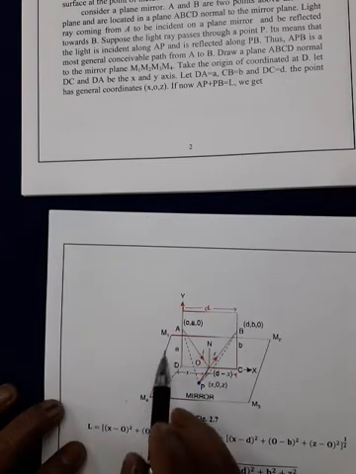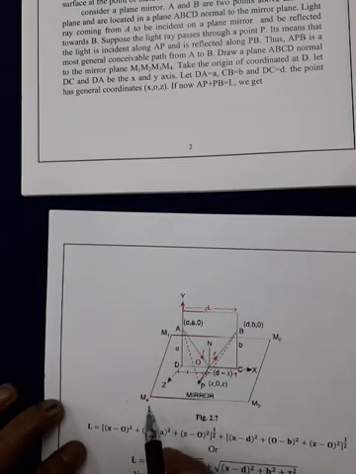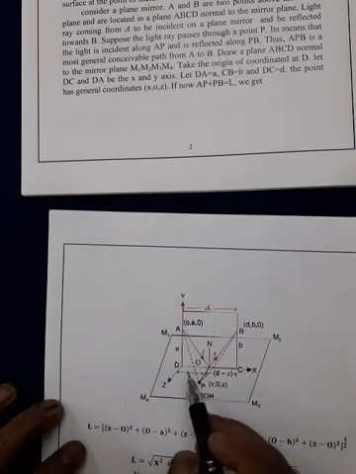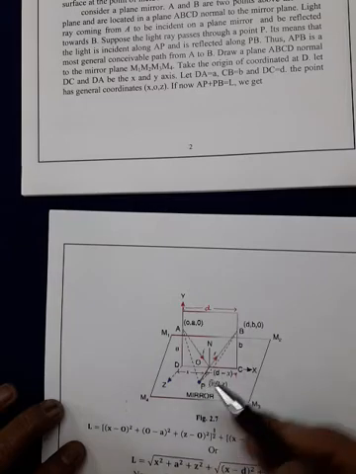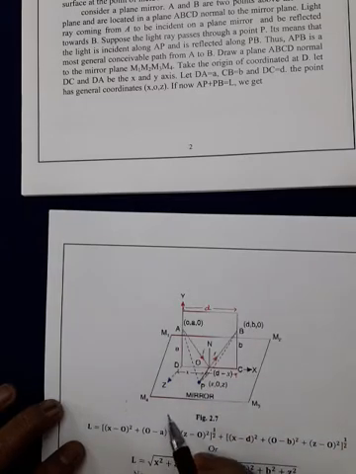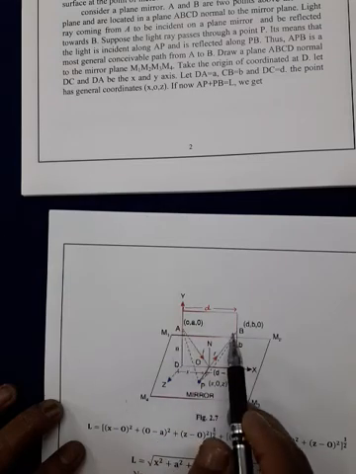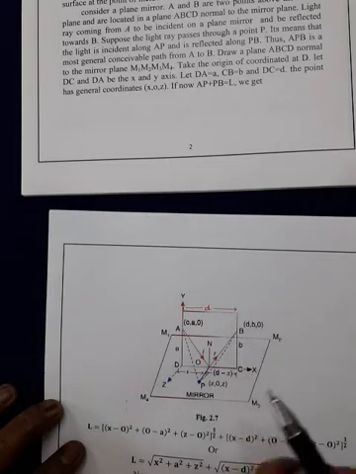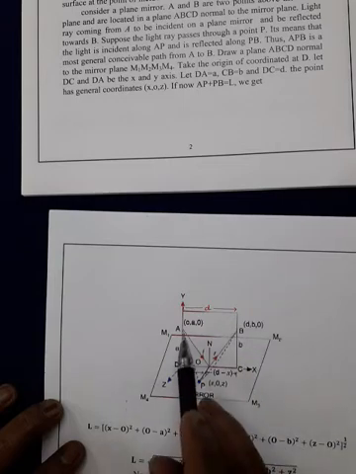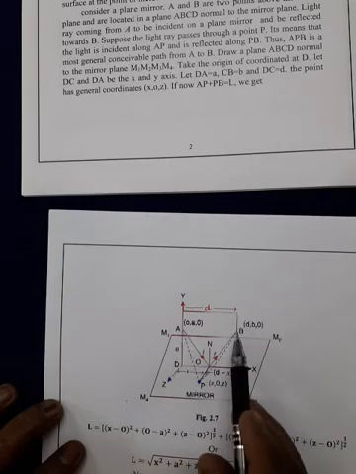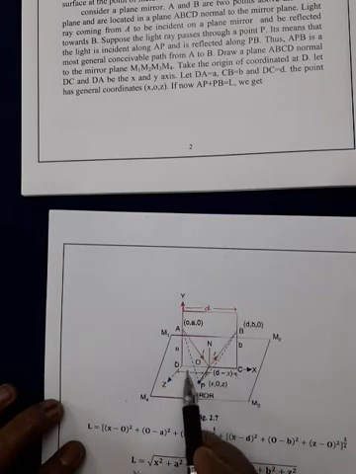So here we can take M1, M2, M3, and M4 as the mirror. This is the plane which is perpendicular to the mirror. Now point A and point B are the 2 points above the mirror plane and located in the plane, say ABCD, normal to the mirror plane.